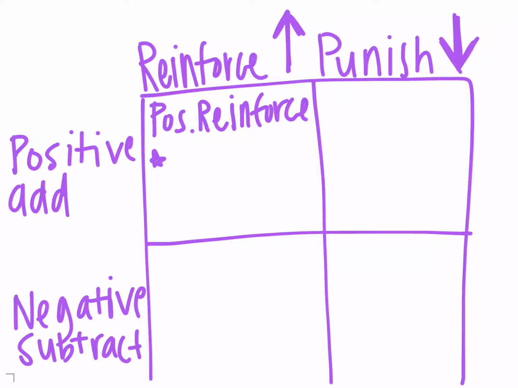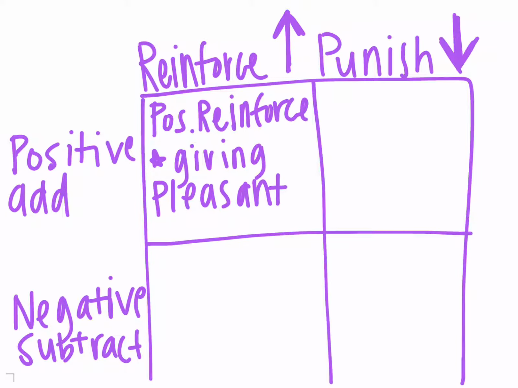But in terms of talking about an unpleasant or pleasant stimulus, positive reinforcement would be adding a pleasant stimulus, because if you are giving someone something that they want, something that they enjoy, you're going to continue doing that behavior. Remember, a kid wants those gold stars. A teacher is giving them a pleasant stimulus, those gold stars for reading books.